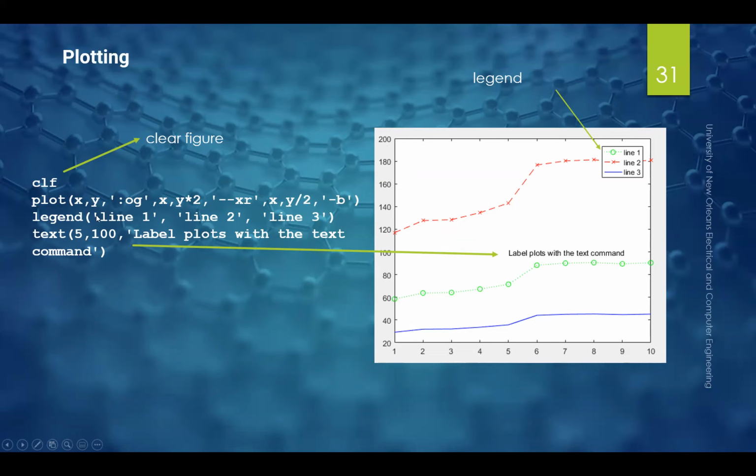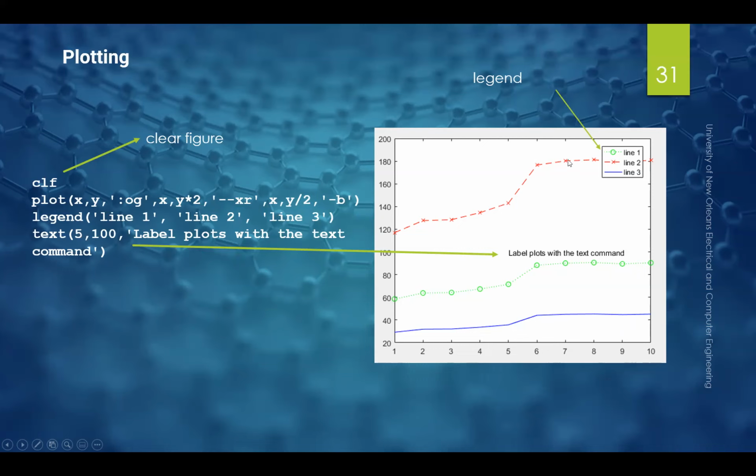But in this case, again, I'm using the markers, remember, and the colors associated with the marker. The O again just means the circle with the green color, or the other one for Y2, I'm using again a red color and an X marker, and for the next one, I'm using a blue with a solid line, right?